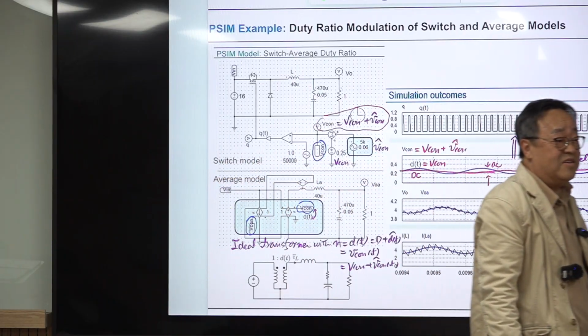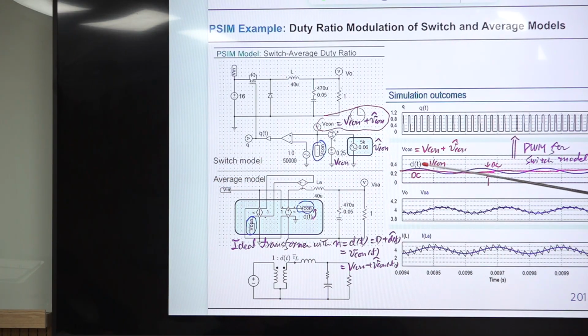Okay, all right. So this is the control voltage, but it can be used as the duty ratio perturbation. If you perform the PWM scheme using this kind of ramp with a ramp height of 1 volt, then you will have this.